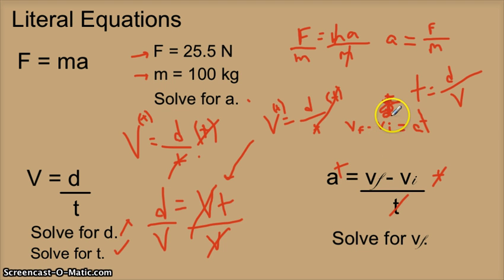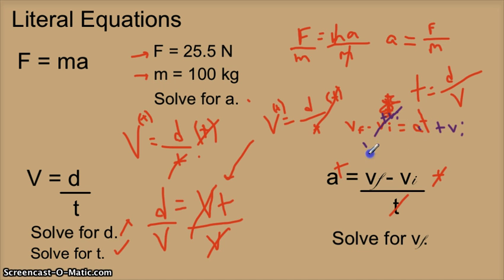You can add VI to both sides. So if I add a VI to this side and I add a VI to this side, then that should do it. VF minus VI plus VI, the VI's cancel out. Think about this. If VI were 5, minus 5 would be 0. But you'd have to do the same thing to the other side.